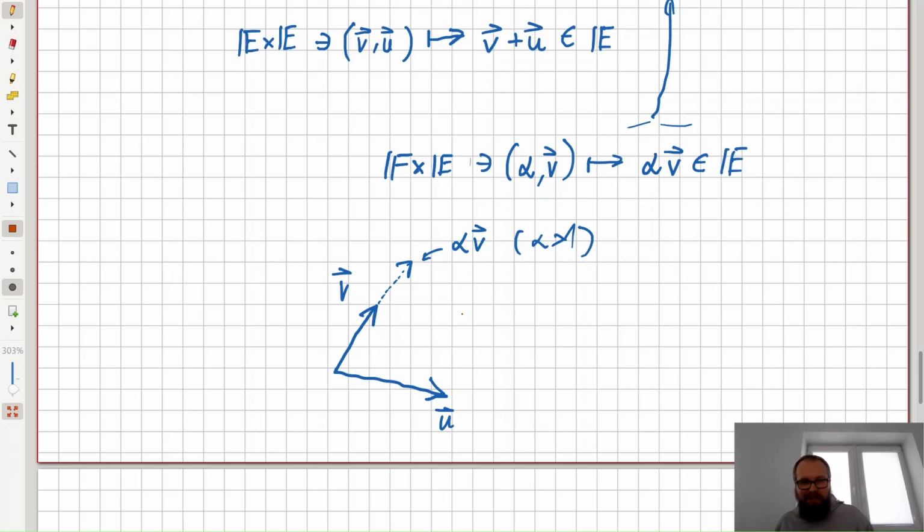It's still positive. So that would be, let's say, beta v, with beta less than 1 but still positive.